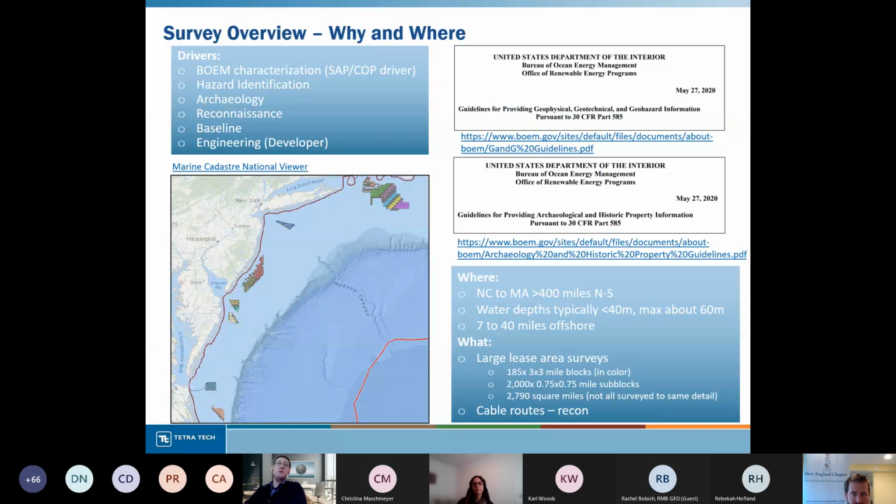So the developer will usually have additional requirements supplementary or complementing the SAP and COP goals, which are summarized in two guidance documents for the areas that we're interested in: one for geophysical, geotechnical and geohazard information, and one for the archaeology. These are about 50 pages of documentation and guidance between them, and they're varyingly comprehensive on various things.